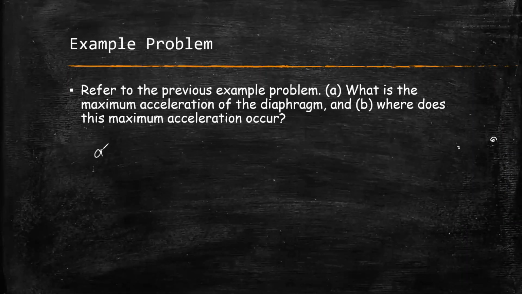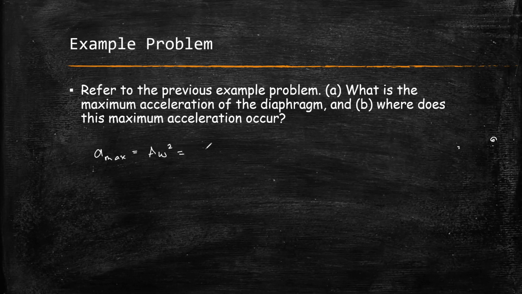So the maximum acceleration is equal to A times the square of the angular frequency, wherein our amplitude is equal to 0.2 times 10 raised to negative 3 meter times 2 pi, and the frequency is 1.0 times 10 raised to 3 hertz, or 1 over seconds, squared.